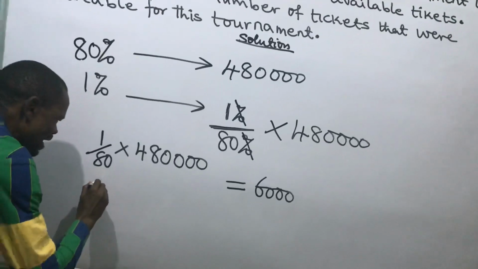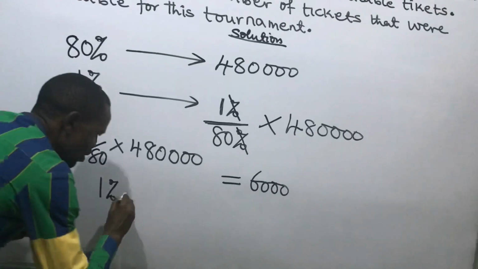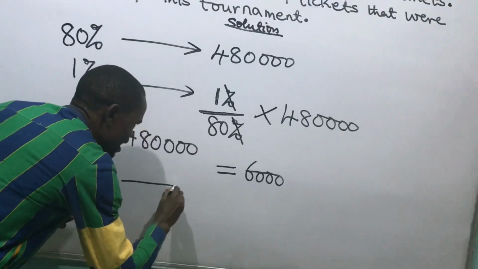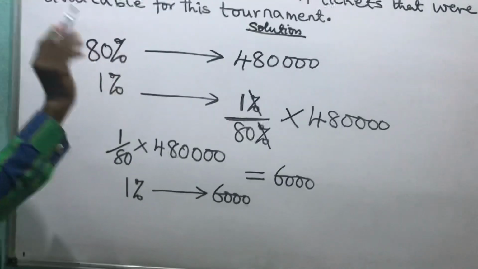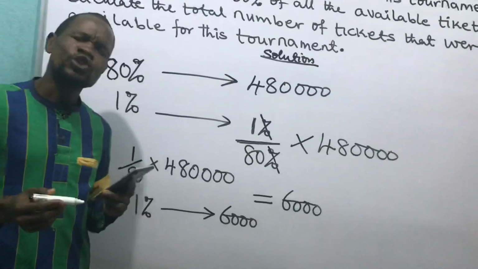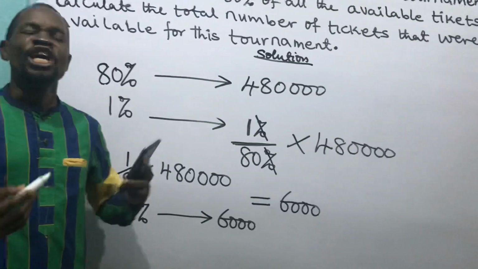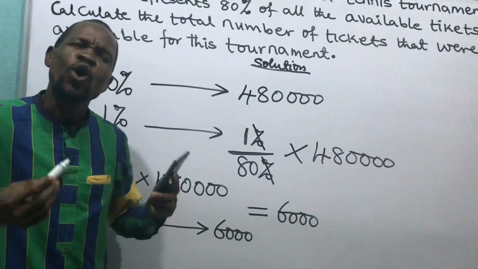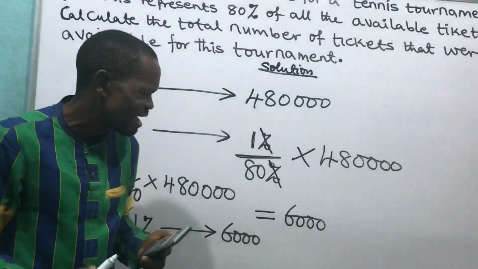So it implies that 1% will generate 6,000 tickets. Then now you remember that when a substance or quantity has not experienced change, it has 100% of itself.